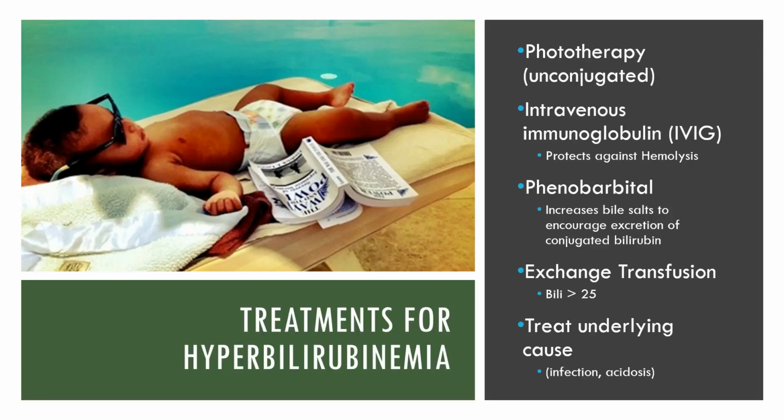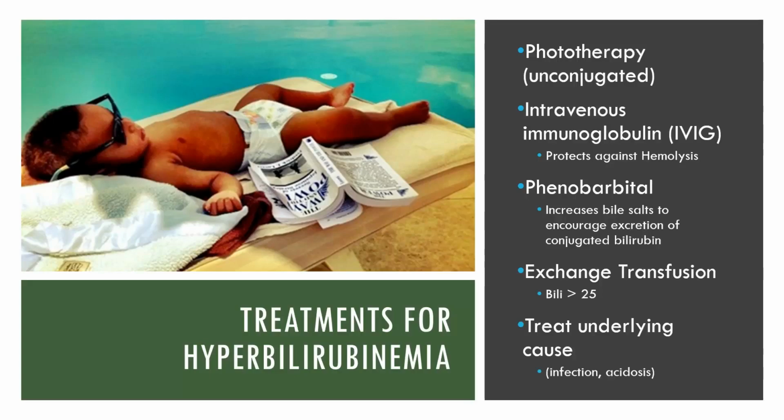So if we've got a kid with an ABO incompatibility or an Rh isoimmunization that we know has hemolysis because we've had some positive Coombs tests or positive antibody tests, we can give some doses of IVIG, which coats those red blood cells and protects the ones we have against the antibodies. And it's given intravenously.